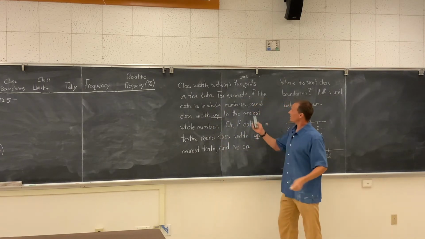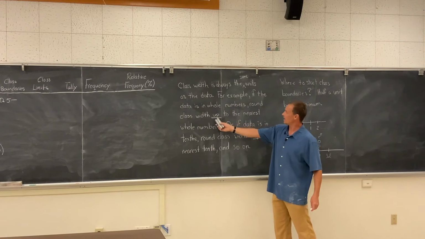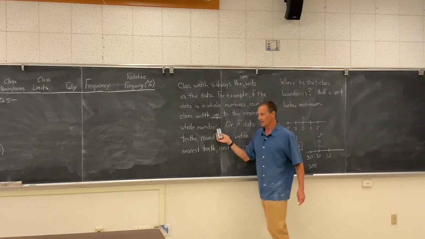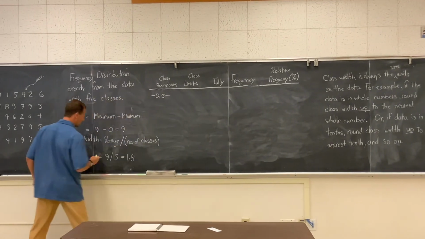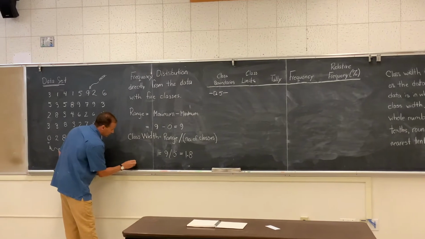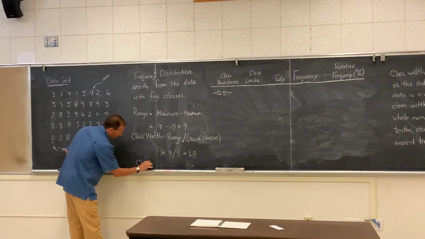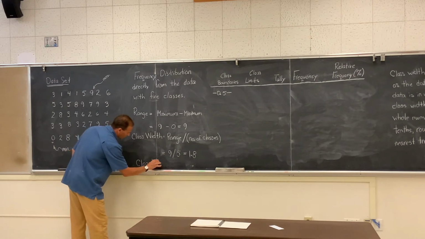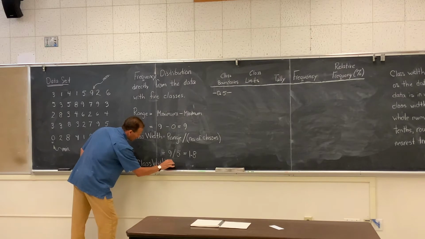If the data is in whole numbers, round class width up to the nearest whole number. Our class width came out at 1.8. So we would say class width is 2.